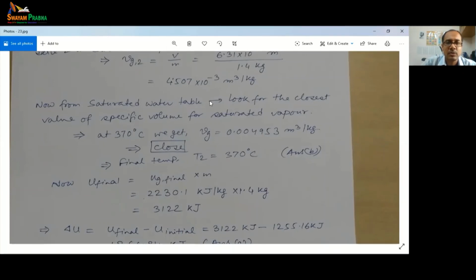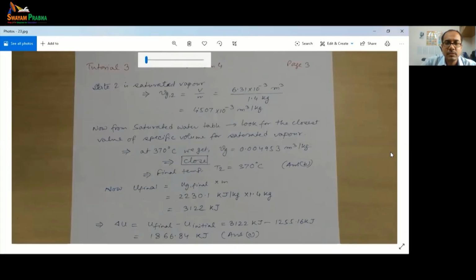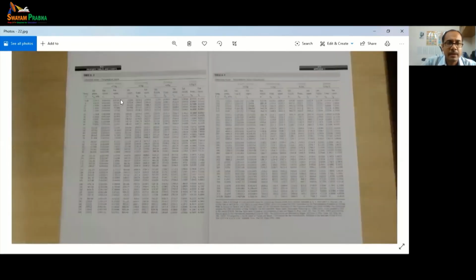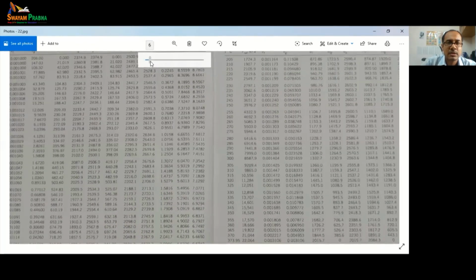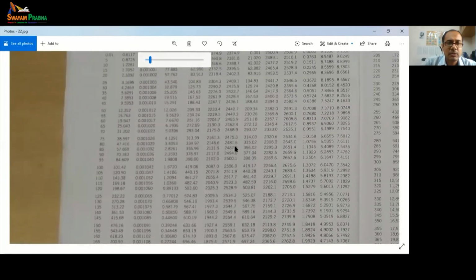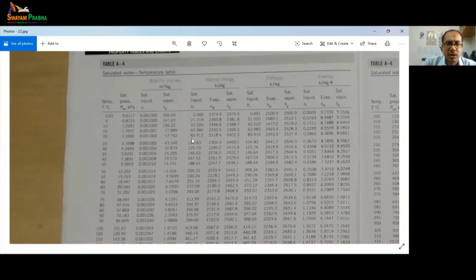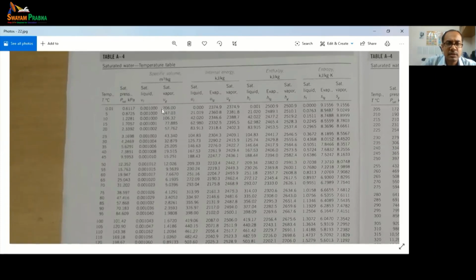Okay, so let's go back to the vapor table first. Let's look at the VG column. Here we start at 206 meter cube per kg, and we need to go to 0.045.